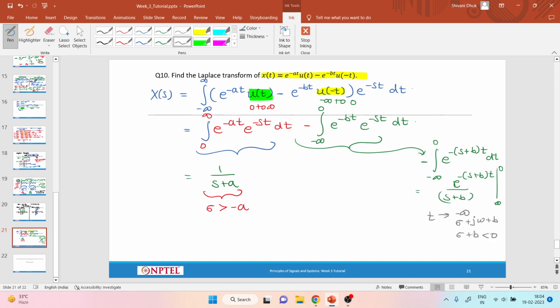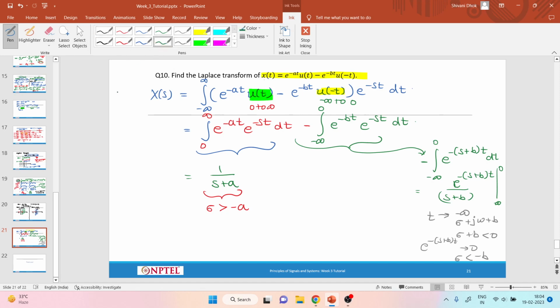Only in that situation, at t equal to minus infinity, e power minus s plus b times t will tend to 0. So the region of convergence for this factor will be sigma less than minus b.